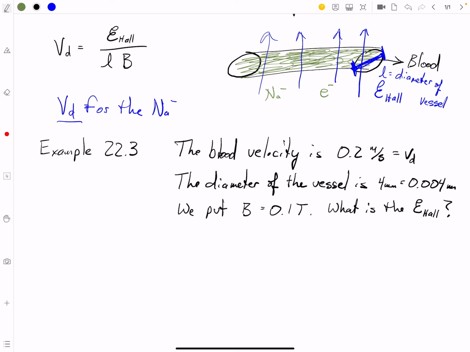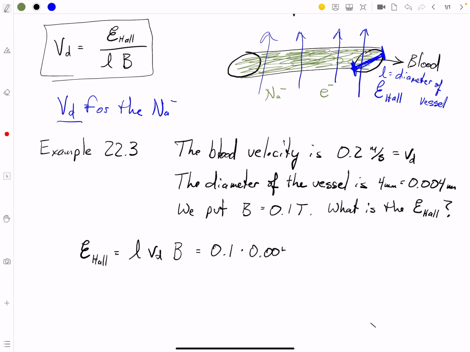So we'll go back to this equation, and we'll say that the Hall EMF is equal to our length times our drift velocity times our magnetic field. So this shouldn't be terribly difficult. 0.1, we're going to multiply that by 0.004, and we're going to multiply that by 0.2, and that should all be in volts in the end.